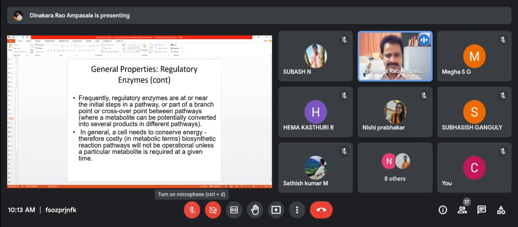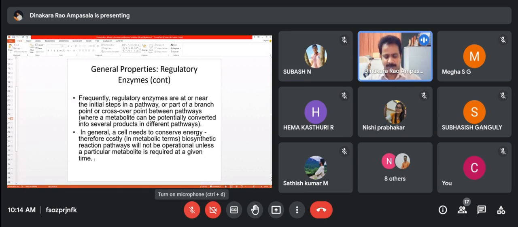Okay, in general, a cell needs to conserve energy, therefore costly biosynthetic reaction pathways will not be operational unless a particular metabolite is required at a given time. As you know, the cell needs energy, so the cell uses the energy very carefully. Unless that reaction product is required for cell activity, the cell will not utilize the energy and start that metabolic pathway.